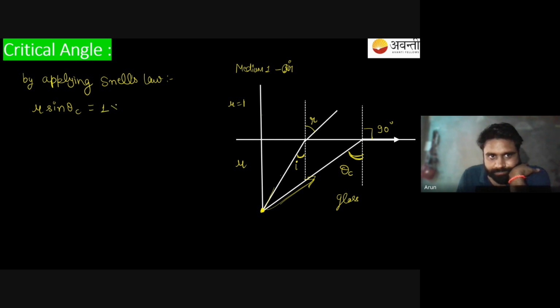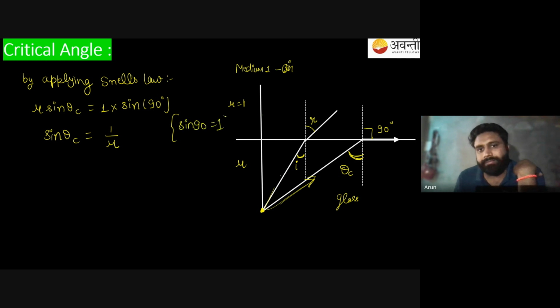It is 1. And what is the value of the refraction angle? It is 90 degrees. Got it? Now what is the value of sine 90? So sine theta c is nothing but 1 upon mu, because sine 90 is nothing but 1.